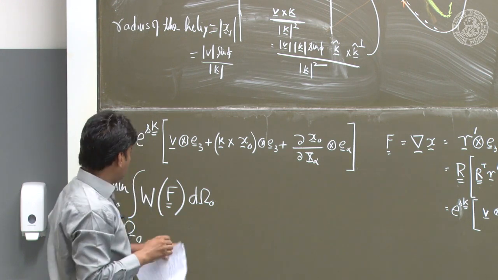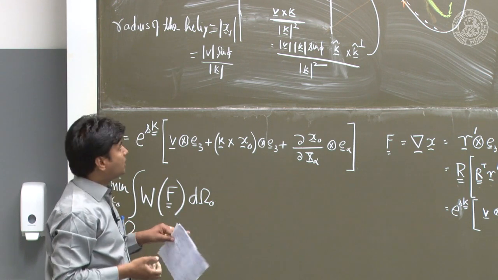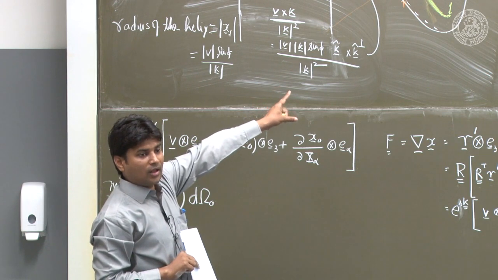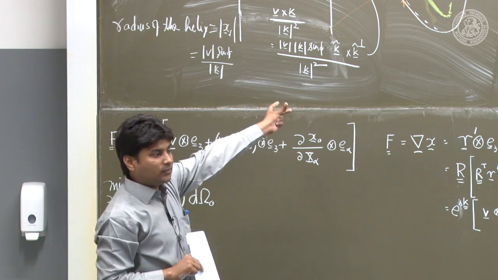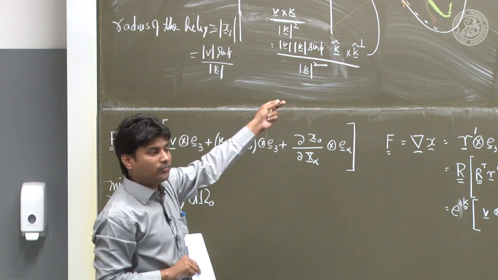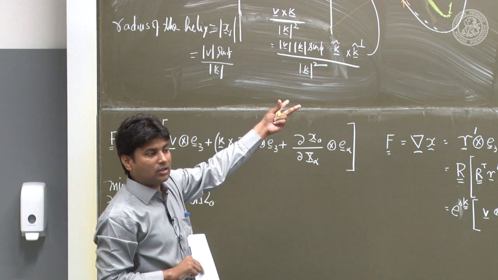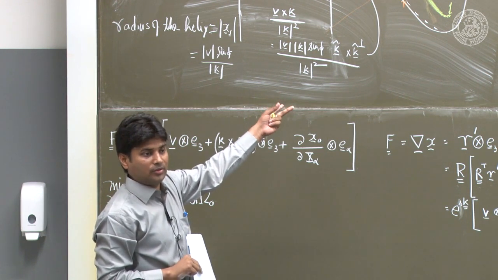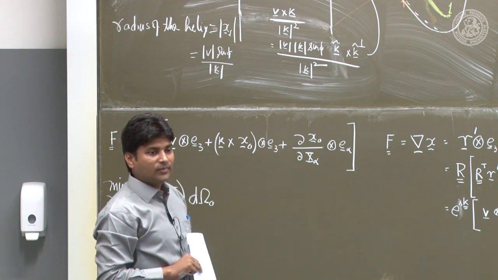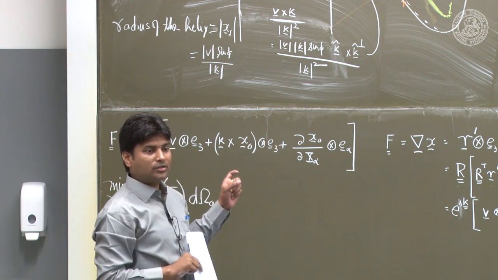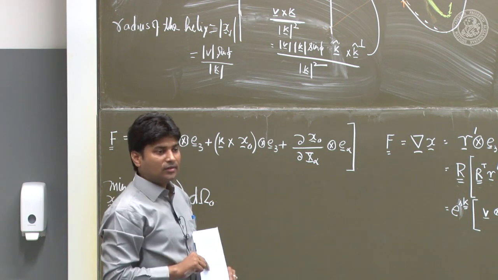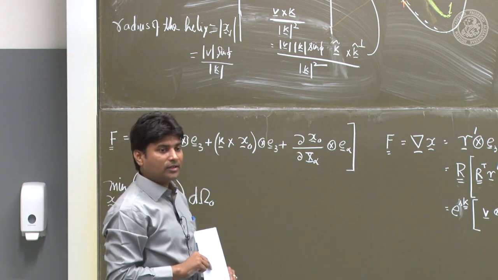So, the minimization has to be done such that this kinematics is respected. Otherwise, the final energy that you will get will correspond to a rod whose V and K will be something else than what you wanted it to be. Okay, I hope this point is clear. Is that clear?